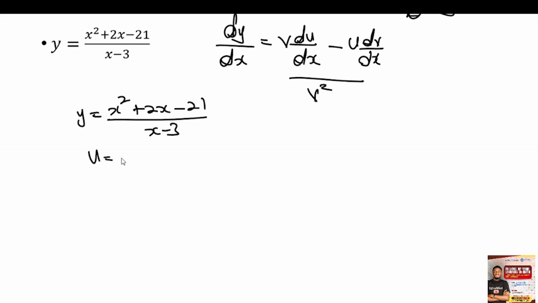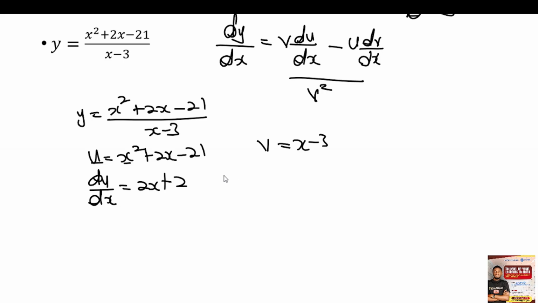So our u is x squared plus 2x minus 21. Then our v equals x minus 3. So du on dx, differentiate this with respect to x, gives us 2x plus 2. Then we differentiate v with respect to x, so we have dv on dx giving us 1.